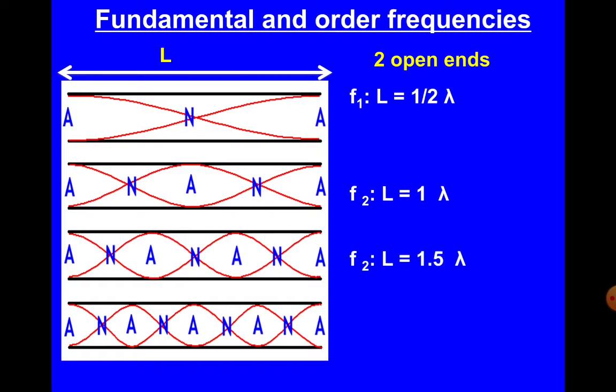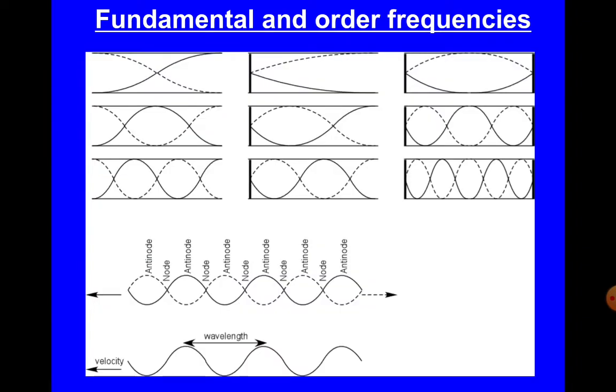And the third one, L is 1.5 lambda, and then L is 2 lambda. Okay, so this is about superposition and harmonics. Examples of this are an organ that you will see in the church. Here again, all the fundamentals and the overtone frequencies.